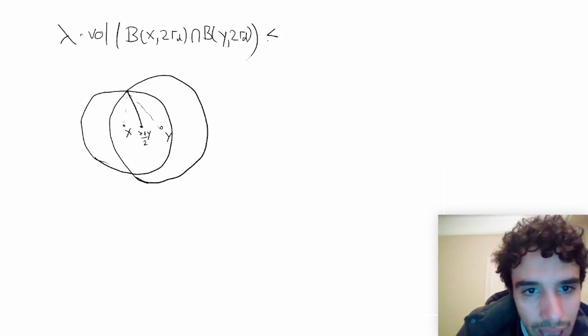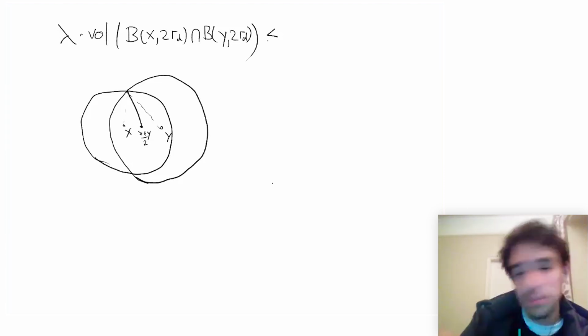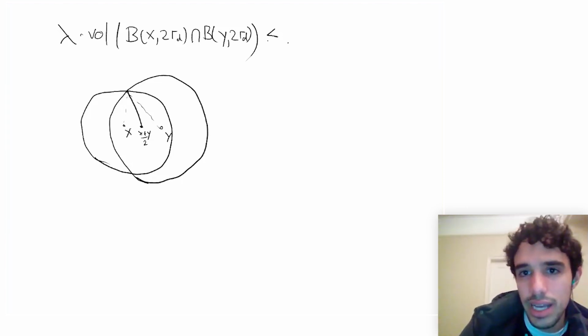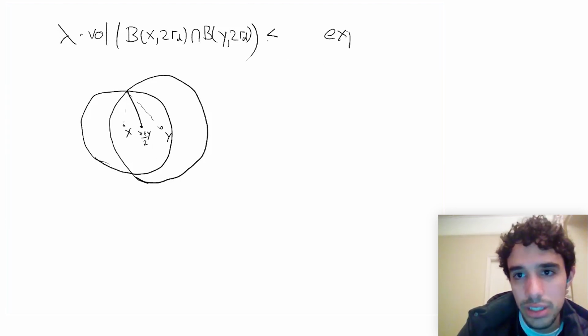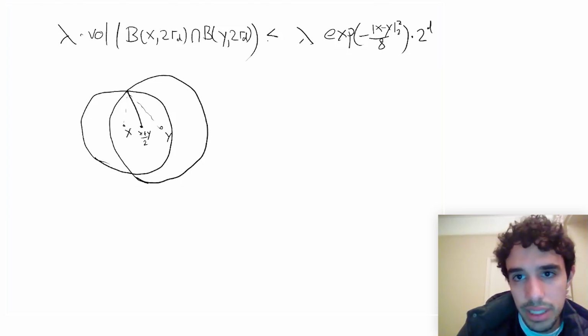The intersection between the balls is contained in this ball. If you do some calculation, you see that the volume of this intersection should be at most exponential of minus the distance between x and y squared, say over 8, times the initial volume 2 to the d. And then we have the lambda.